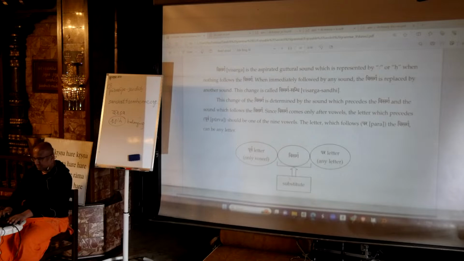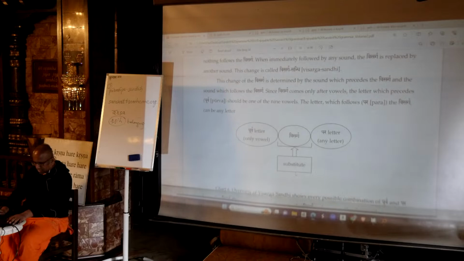The change that happens to the Visarga is known as Visarga Sandhi. Whether it stays, or undergoes lopa and disappears, or becomes O or something like that, that's Visarga Sandhi.